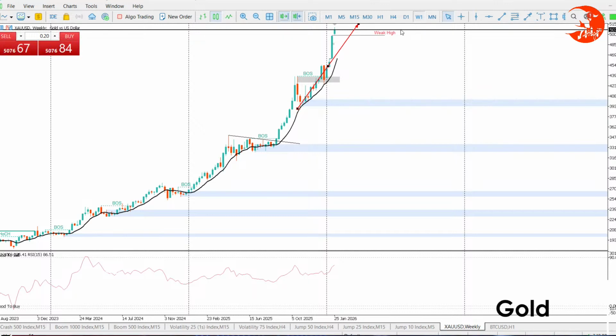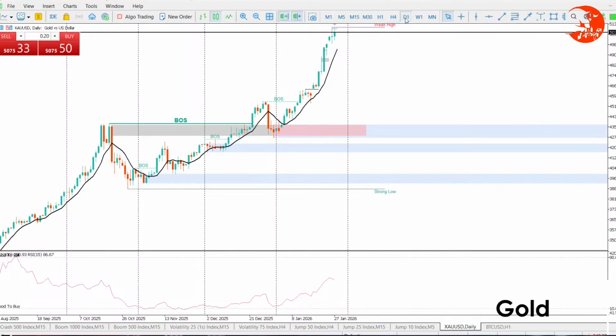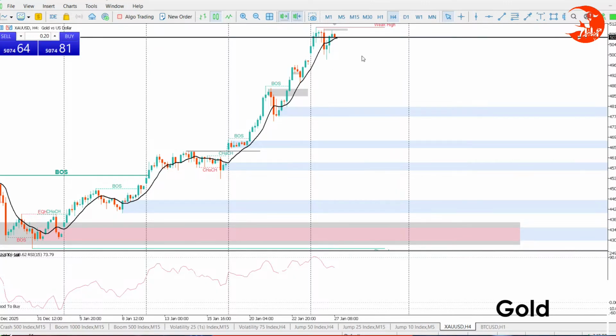That's the reason why I had that line, and clearly you can see once it reached that line, price is sort of looking for a reversal according to H4, but it's not yet clear. It will be clear once price breaks that, then it will be clear for a downtrend.